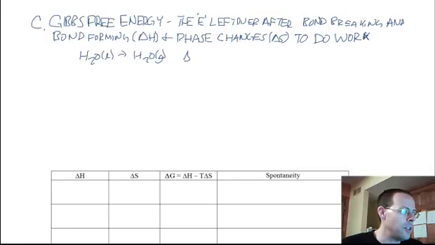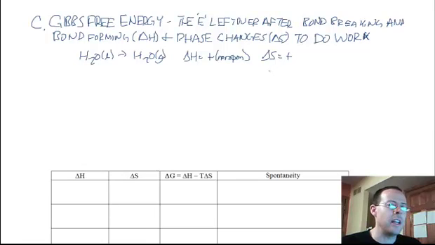Our delta H is positive, or we might say it's non-spontaneous. We're having to supply energy in order to boil water. At the same time, our delta S is positive as well, because disorder is increasing. But unfortunately, delta S being positive is a spontaneous reaction.